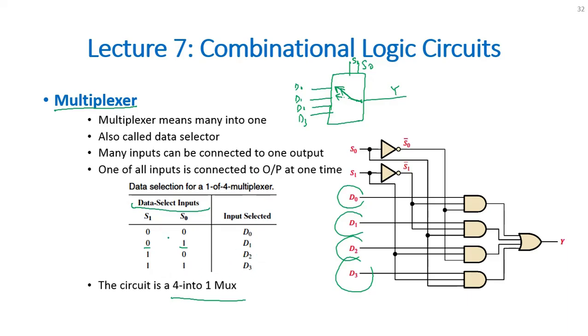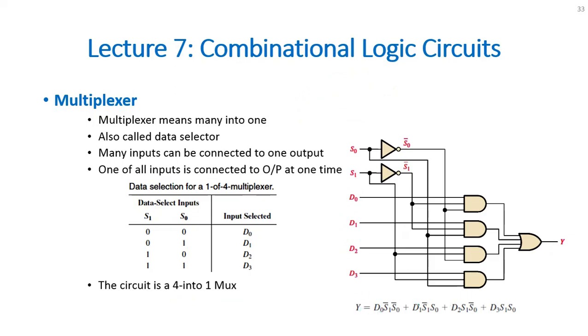So these data selection bits actually define which input data will be connected to the output. This is the basic purpose of the multiplexer, where you can connect a certain data input to the output.